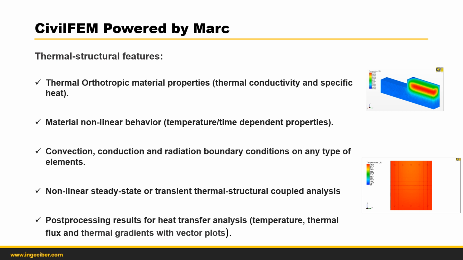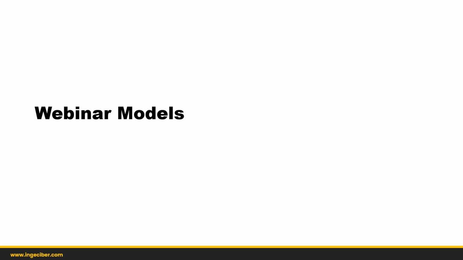Of course, the boundary conditions according to convection, conduction, and radiation for any type of elements, and a nonlinear steady state and transient thermostructural coupled analysis is included, and you can process results for this kind of heat transfer analysis.